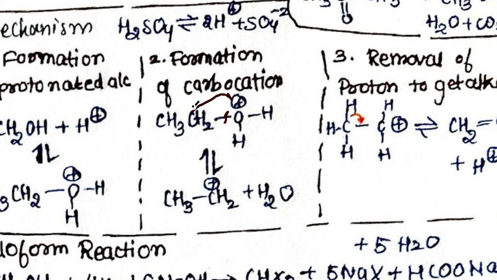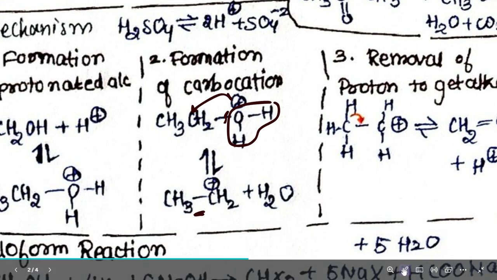Carbon will give its electrons to oxygen, or simply, oxygen gives its positive charge to carbon and forms its independent water molecule, making a carbocation, which is CH3CH2 plus.